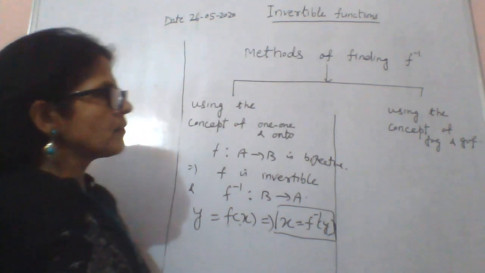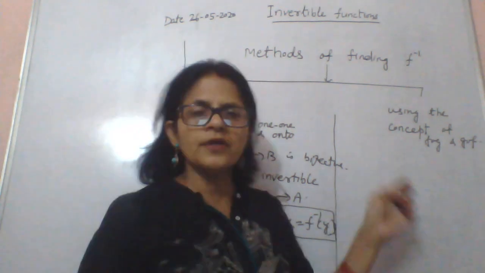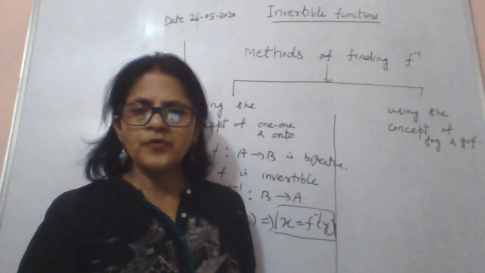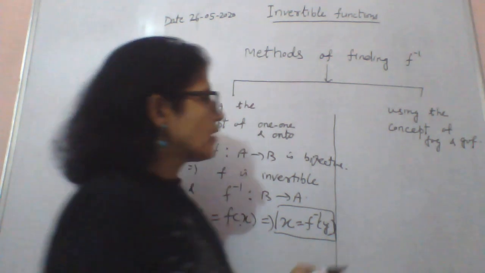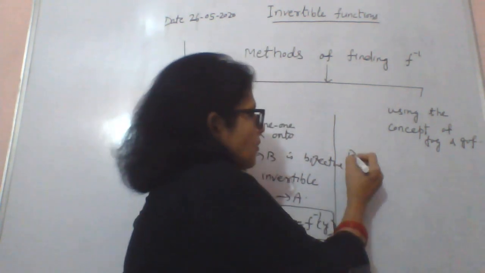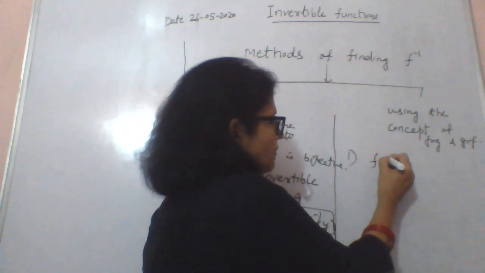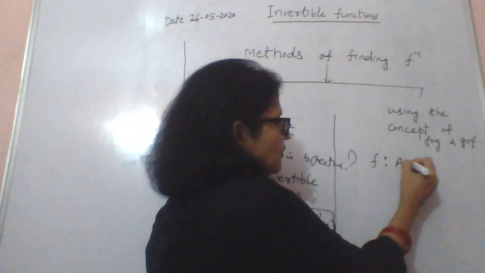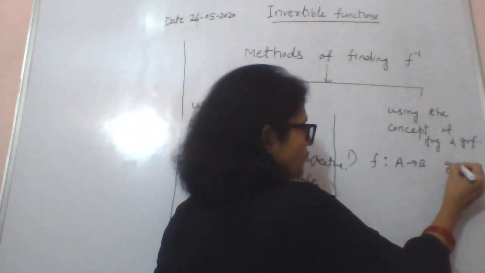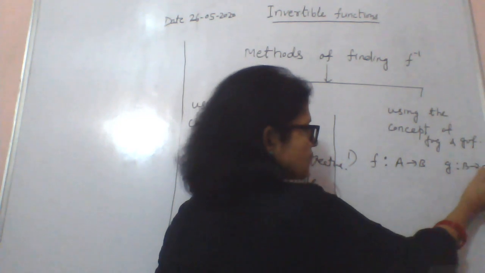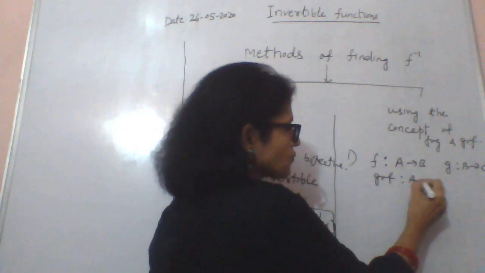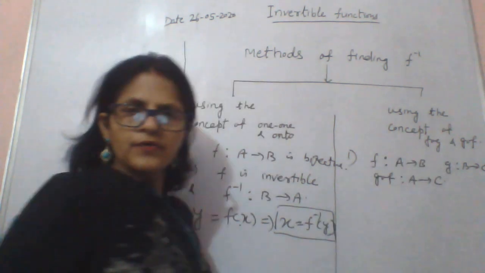Okay, and coming to the second method, as we have already studied f of g and g of f, composition of functions. Suppose, for example, f is a function from A to B, g is another function from B to C, and g of f is a function from A to C, that we have studied.